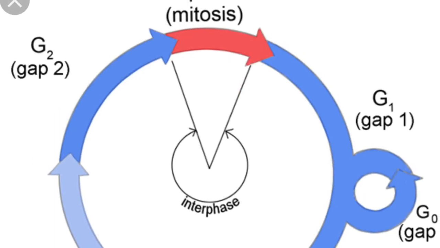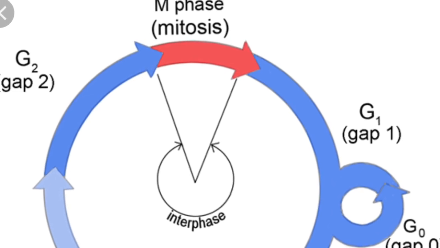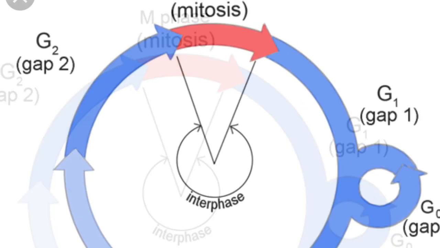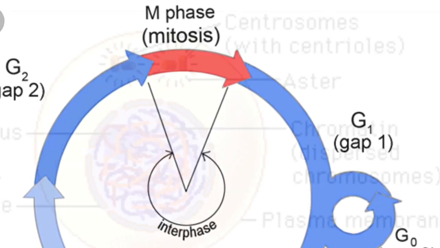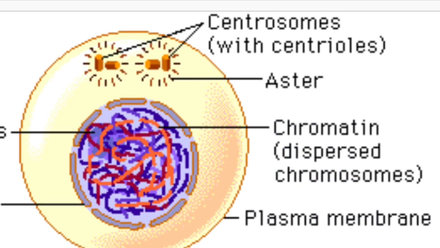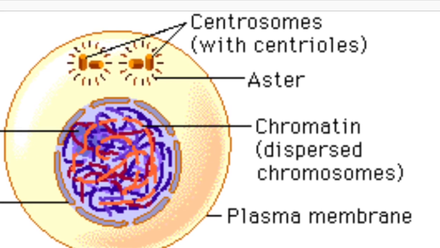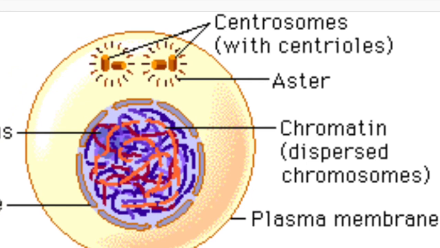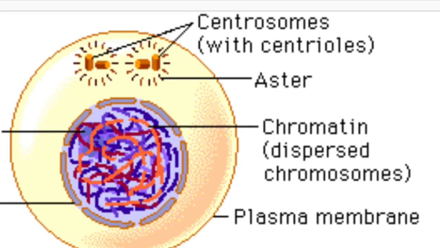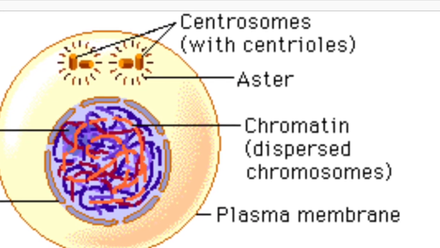So it's in the S phase that DNA is copying itself. And then the last part of interphase is G2, where the cell increases in size, giving more of an indication that we are ready for cell division.